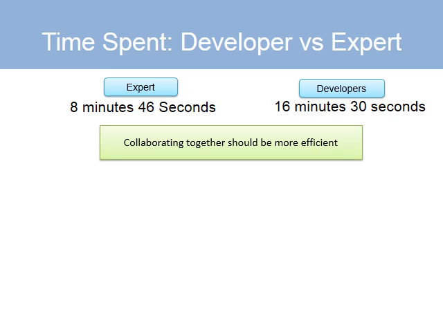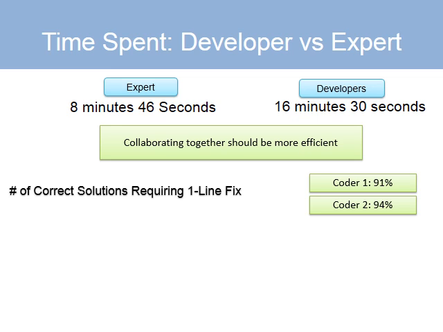Like I said, some of these difficulties were temporary, so developers did overcome them later. So the ones that developers overcame, how much time did they spend, and how much time did the experts spend? And the experts actually spent less time with the context they had. So that's actually consistent, and this is not surprising because about 90% of the problems required only one-line fixes.